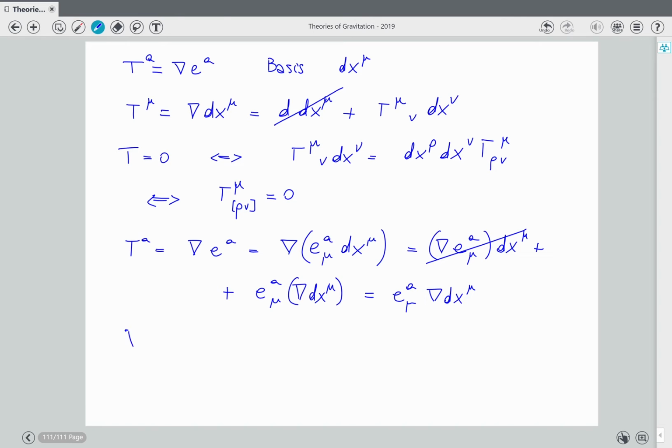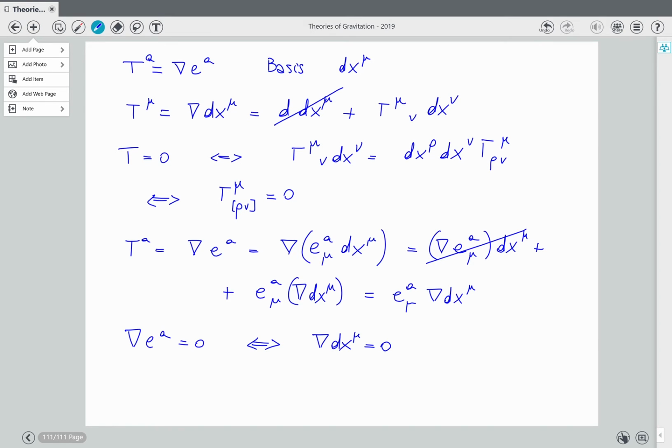So you can say that this is 0 if and only if that is 0. And so on. So this is very useful.